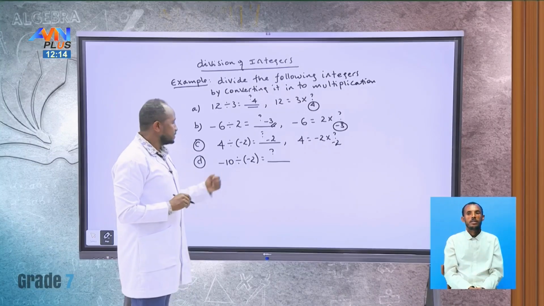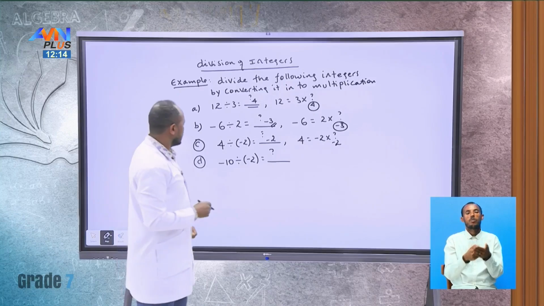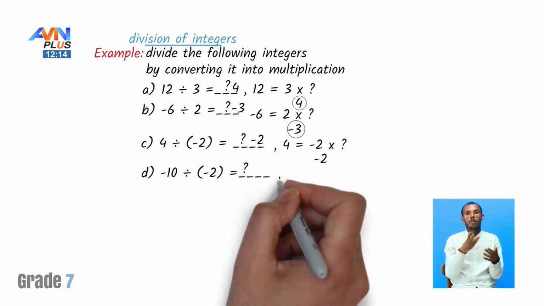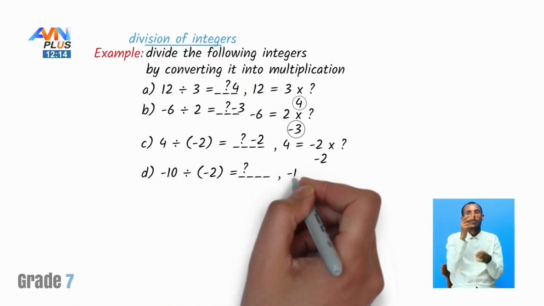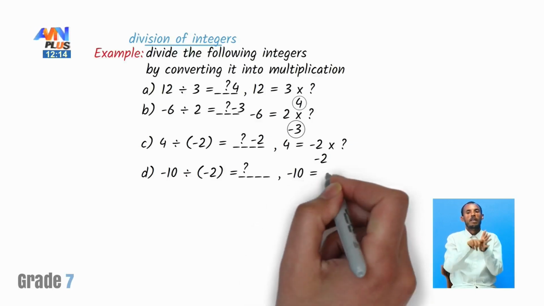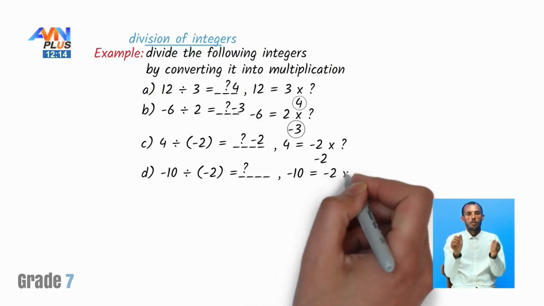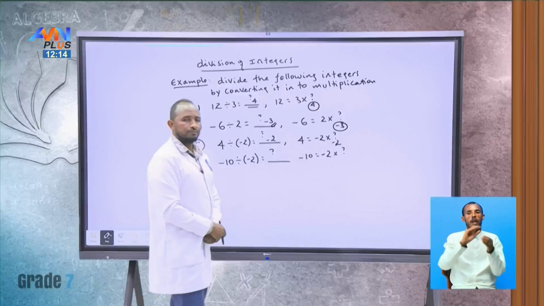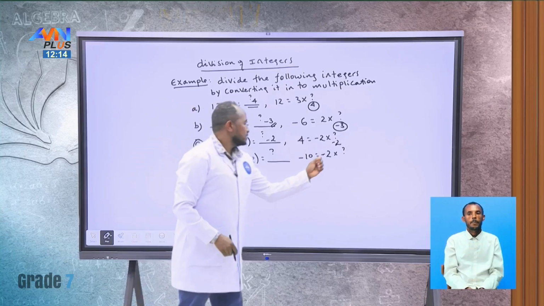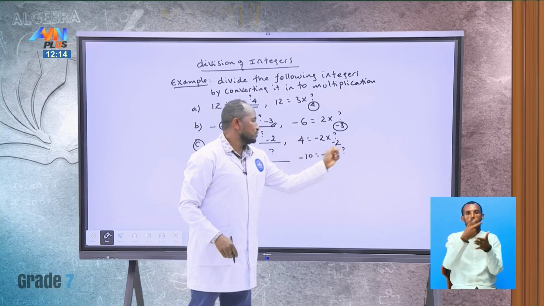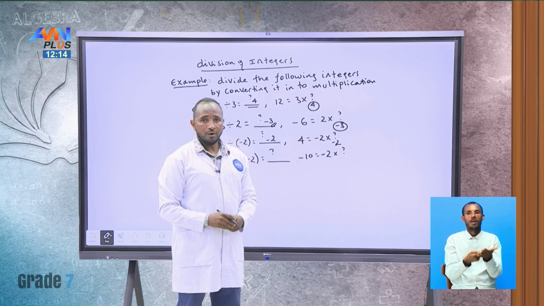Let's convert this into product form. So we get negative 10 if we multiply negative 2 with a certain number. Okay, so what number should be here? Positive or negative?